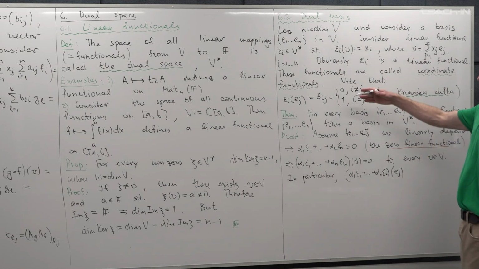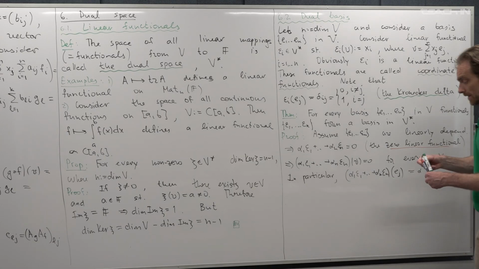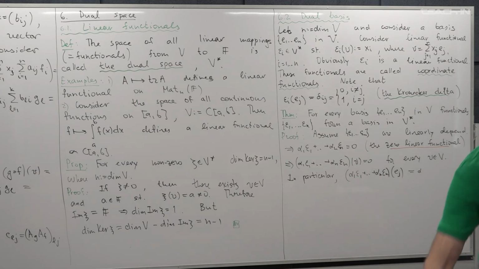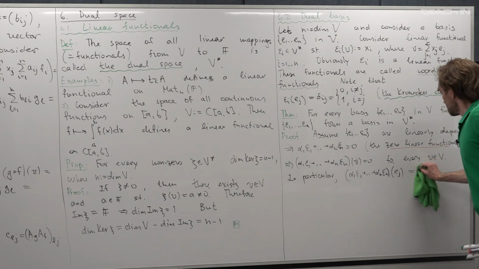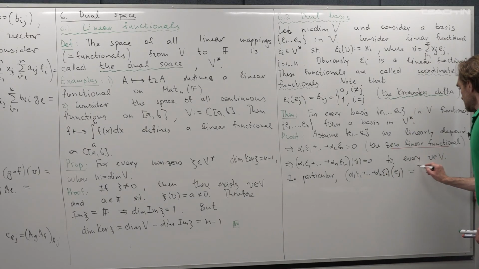So according to these properties of linear functionals, we get the sum, let me just write it in details, where I ranges from 1 to n, alpha sub I, epsilon sub I of E sub j.